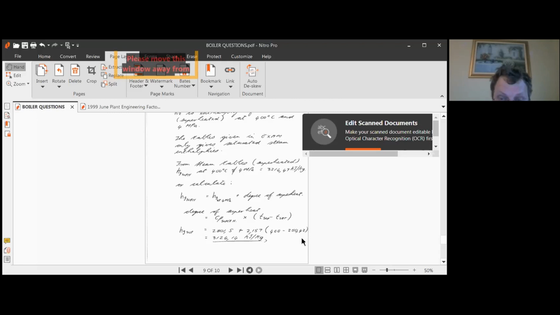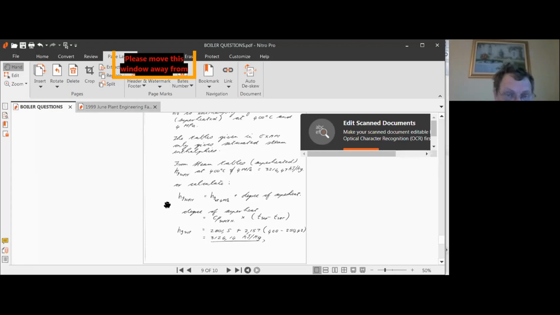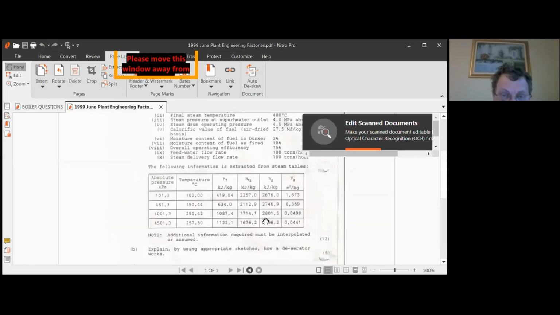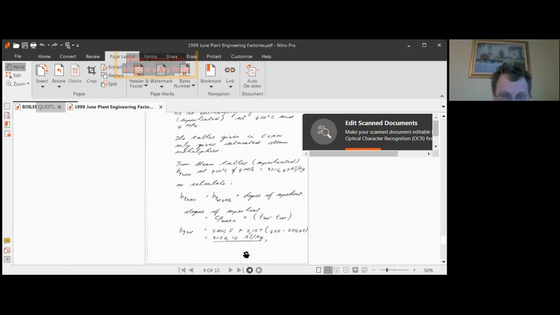The 250.42 is the saturated temperature at 4 MPa. If I go back there, at 4 MPa, that's the heat value, and that's the saturated temperature, 250. But it's actually at 400 degrees Celsius. That's a final, superheated value.